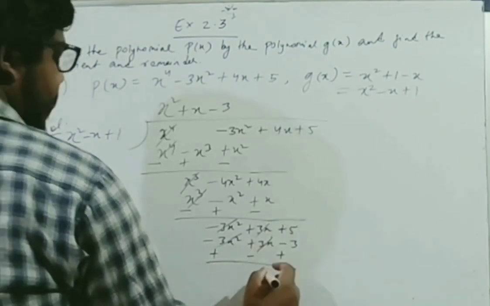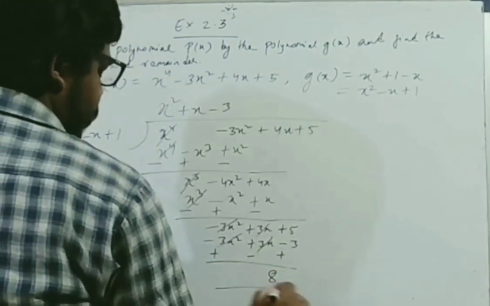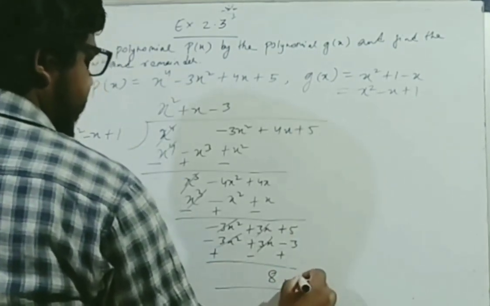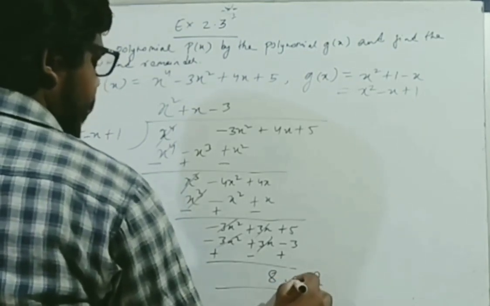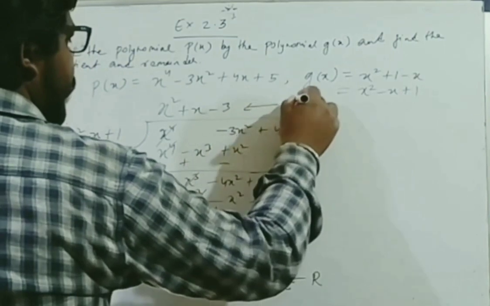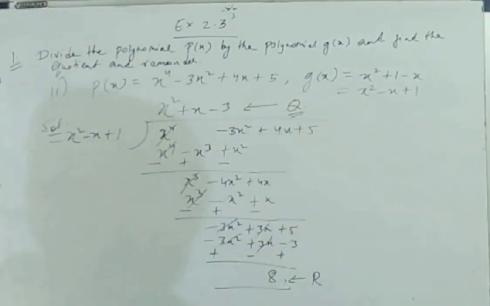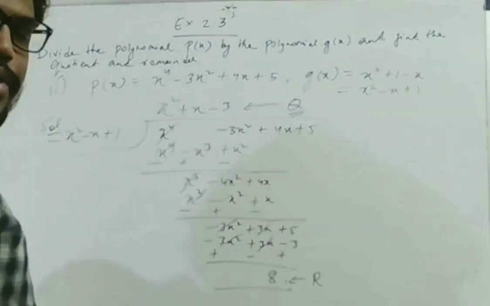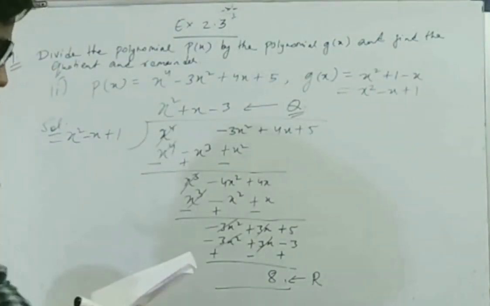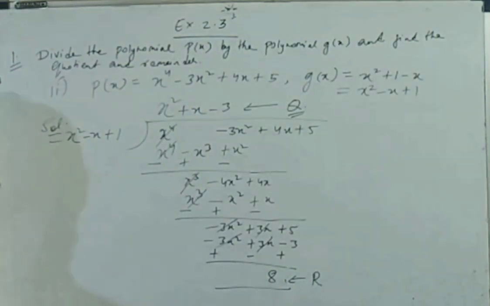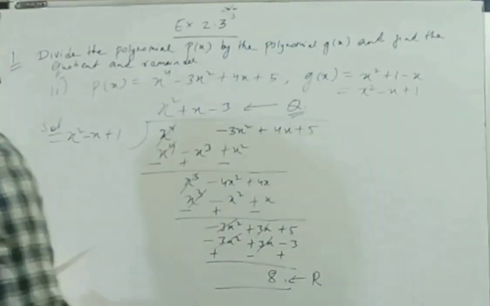Plus 3 plus 5, answer is plus 8. Okay, so this is the remainder here, and this part is your quotient. In this way you can easily solve the questions. This topic is actually very important from the exam point of view. Okay, so move to the next part, the third part.